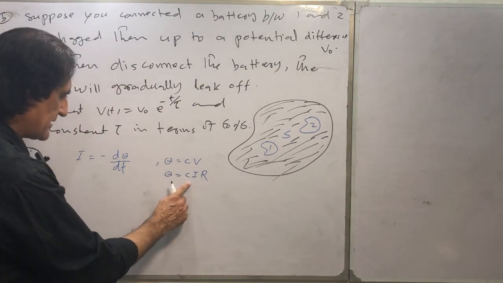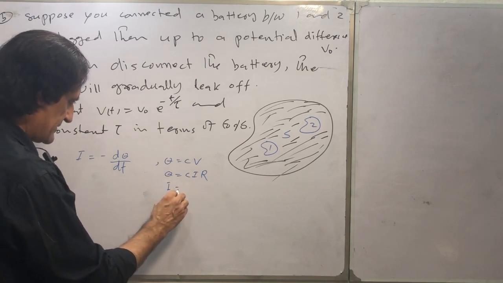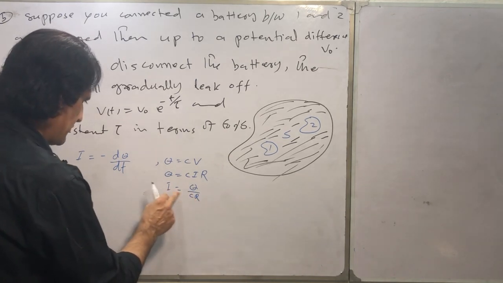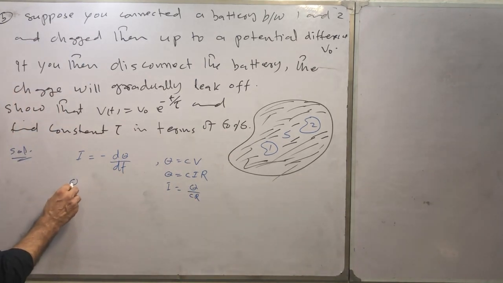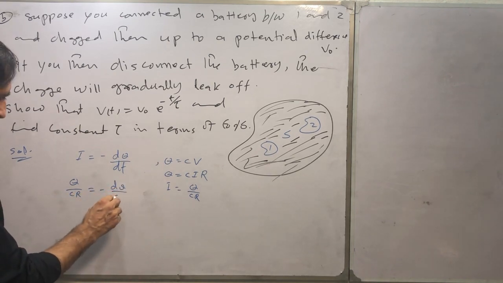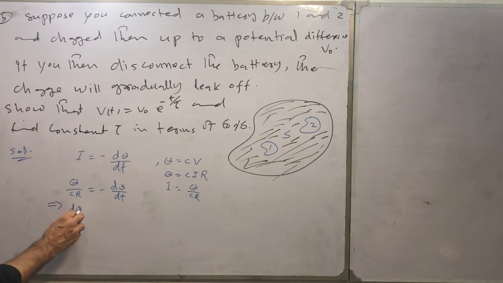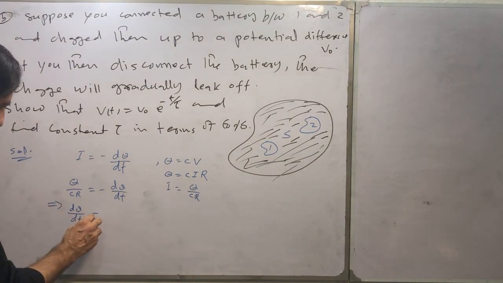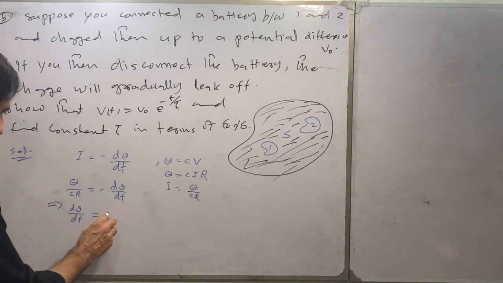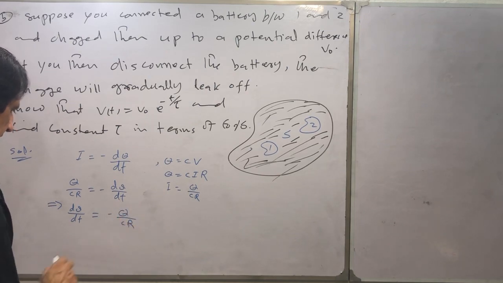From this equation we can find the current as well: the current is equal to Q divided by CR. Putting the value here, Q divided by CR is equal to minus dQ divided by dt. Further, dQ divided by dt is equal to minus Q divided by CR.